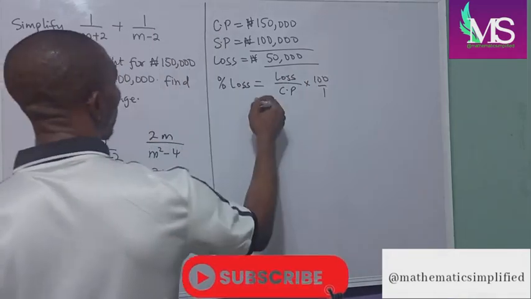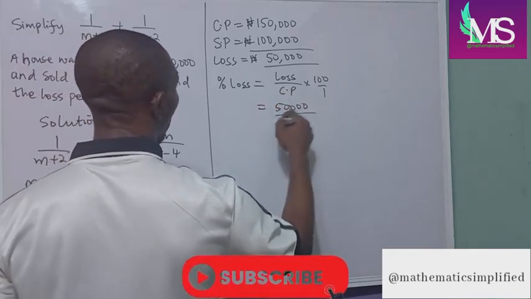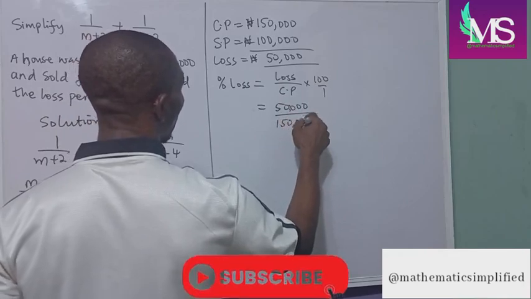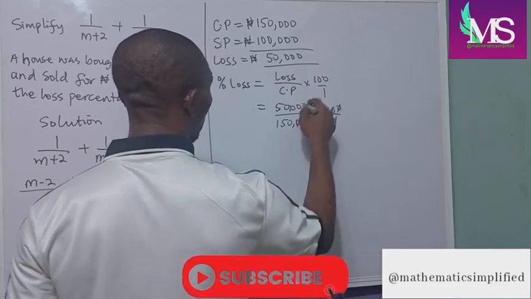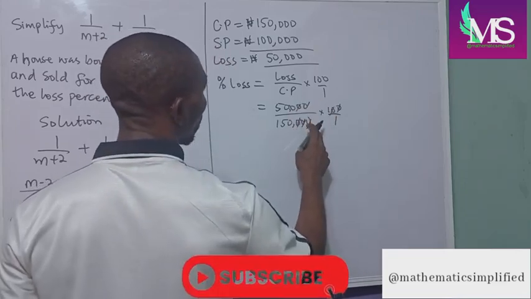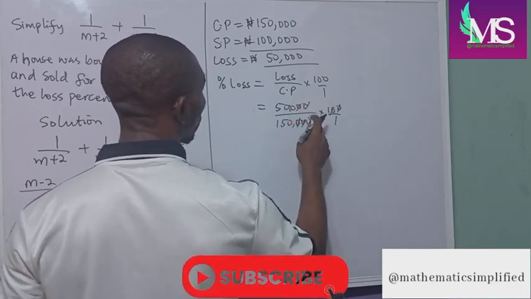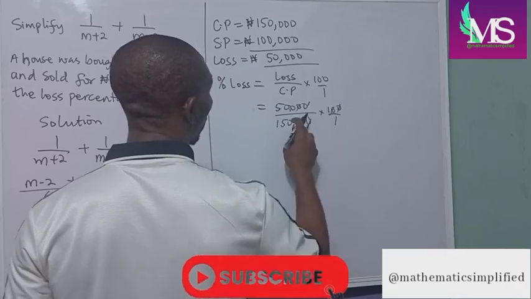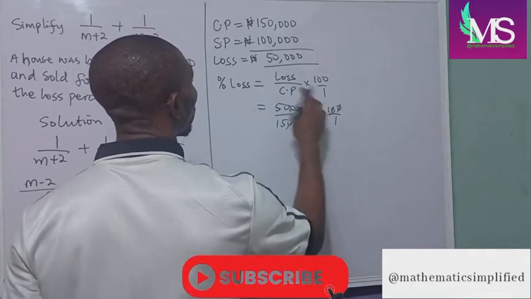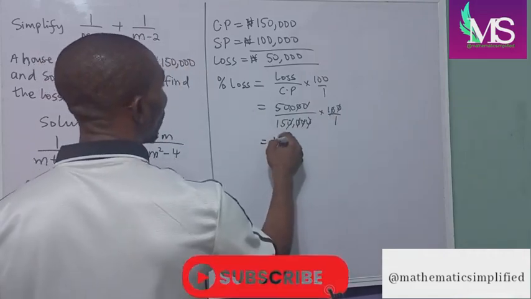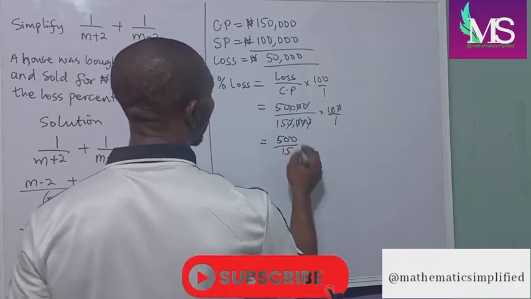Now our loss is 50,000, cost price is 150,000, times 100 over 1. Cancel the zeros, four zeros to cancel, leaving us with 500 divided by 15.